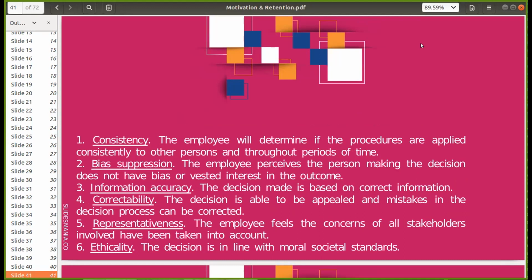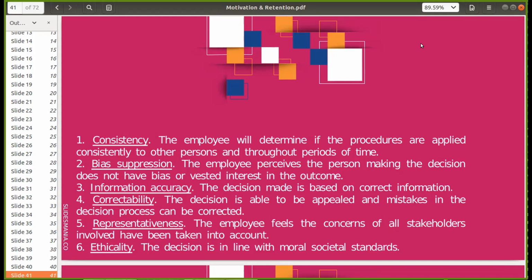Okay, information accuracy. Lahat ng information, hindi lang sa Marites nanggagaling, kundi dapat reliable and correct info. Correctability, no, the decision is able to be appealed and mistakes in the decision process, if there's any, can be corrected.